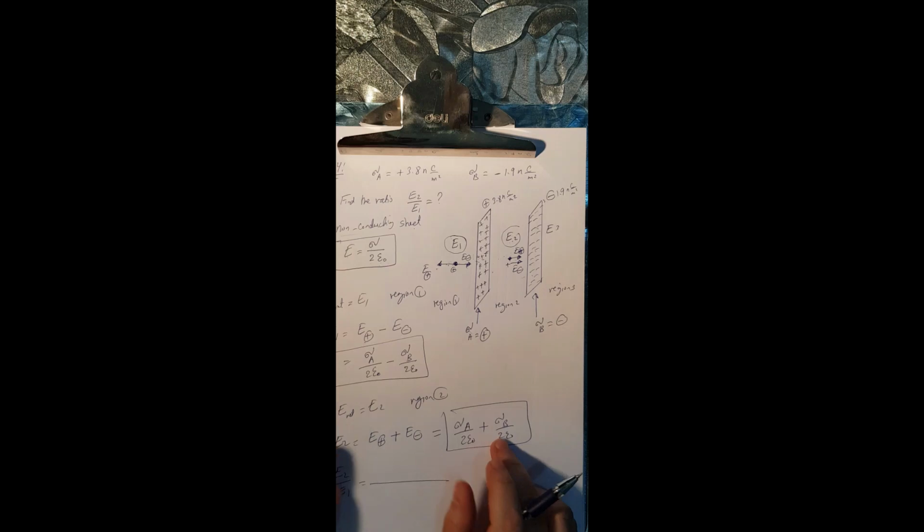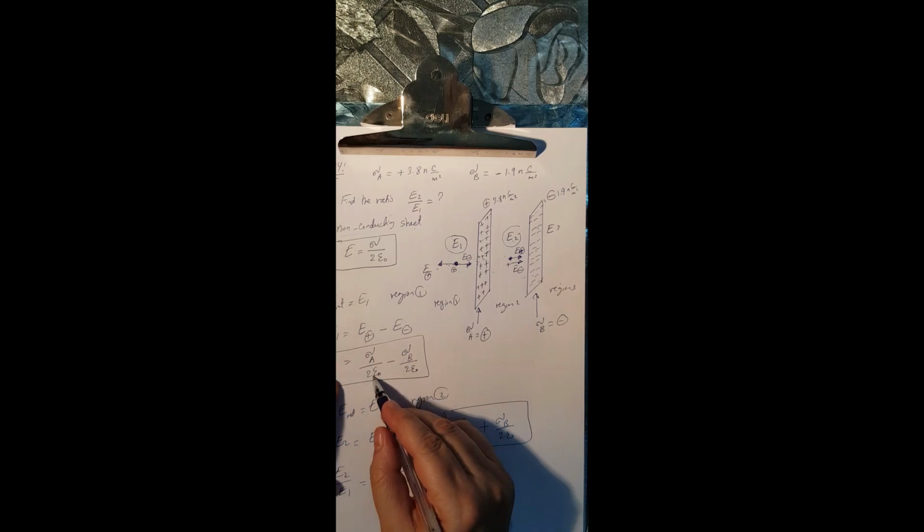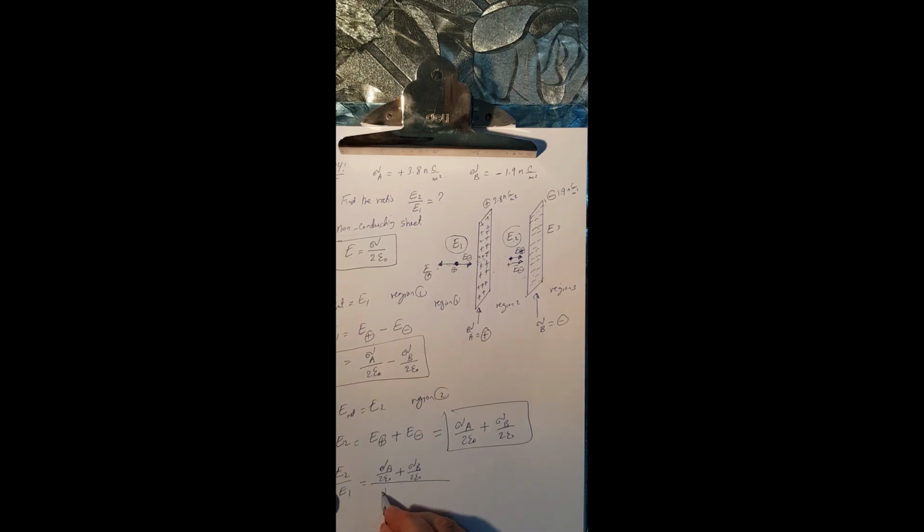Now all we need is to divide these two, E2 to E1. Of course, you can simplify it. E2 is sigma A over 2 epsilon naught plus sigma B over 2 epsilon naught, and E1 is sigma A over 2 epsilon naught minus sigma B over 2 epsilon naught.